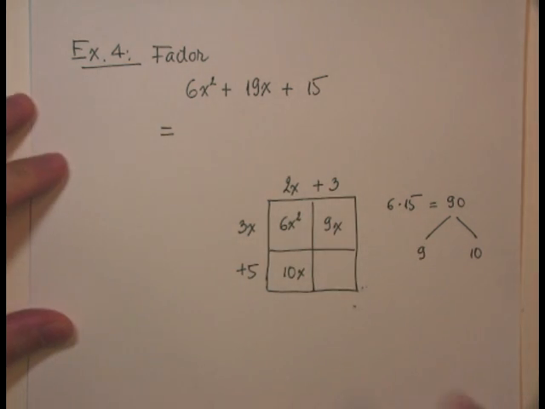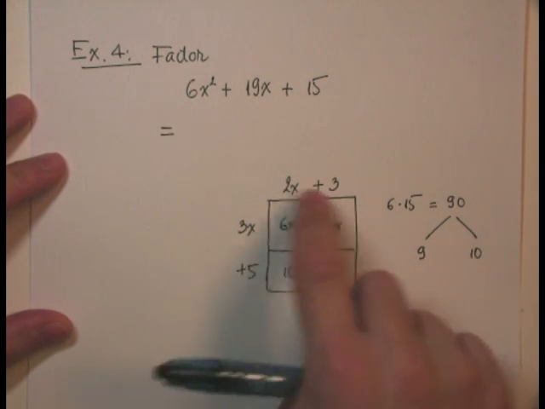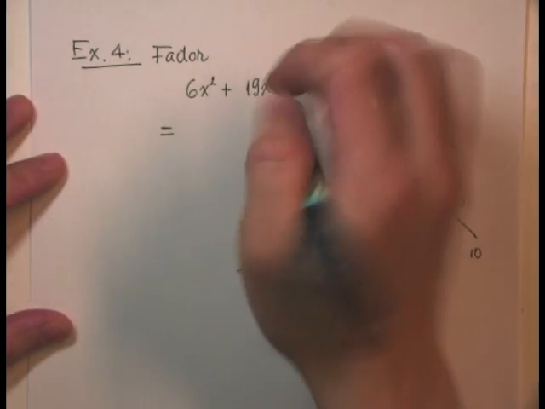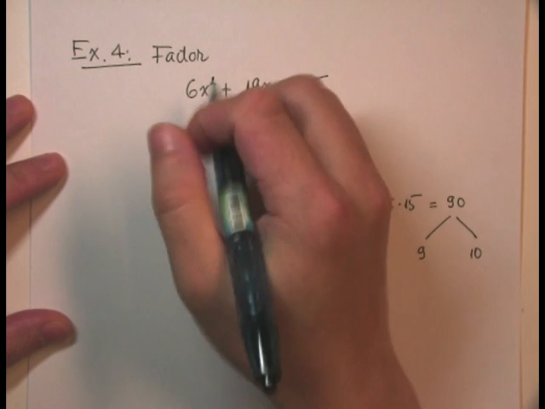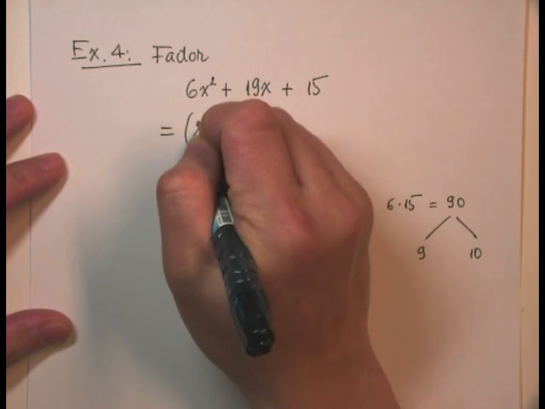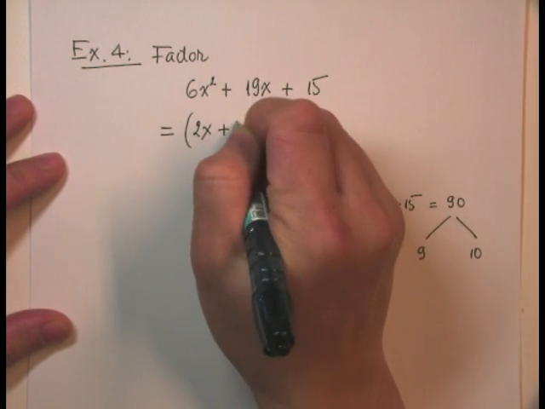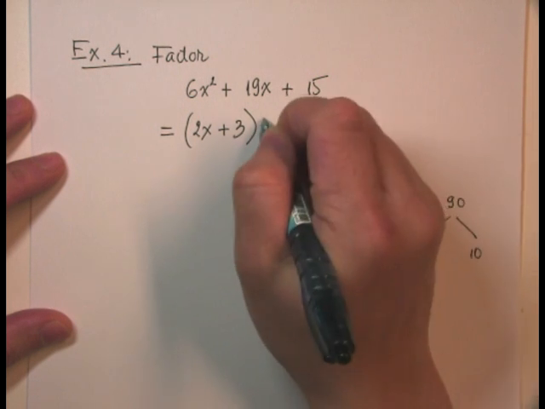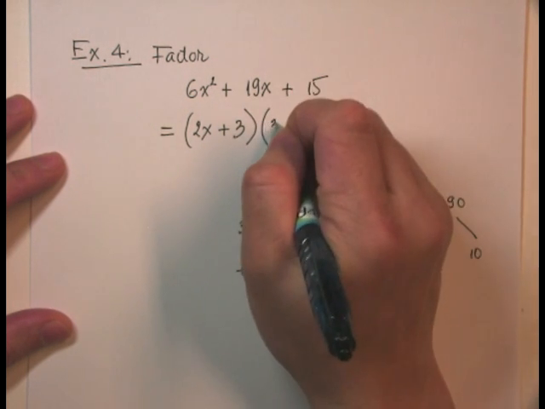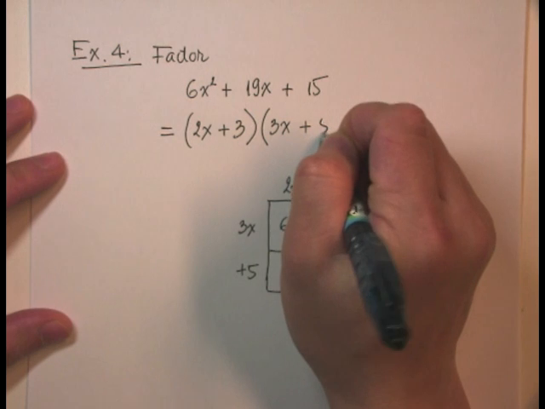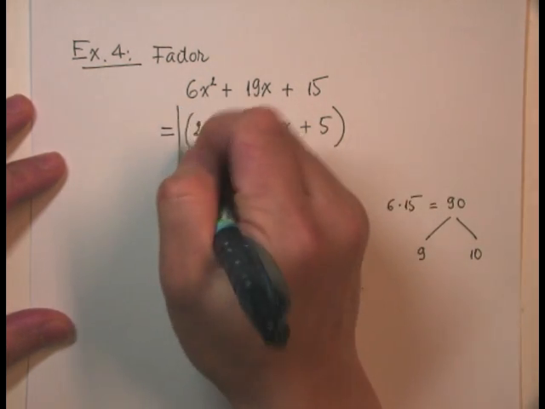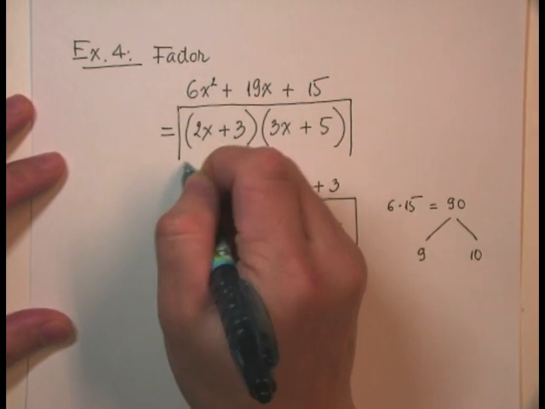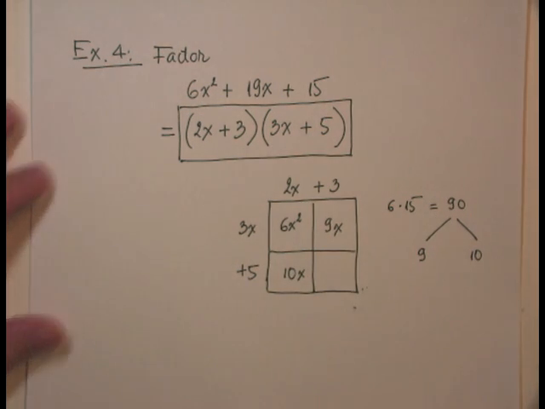And so now this is the answer to your factors. The quadratic can now be factored into 2x plus 3 in parentheses times 3x plus 5. And this is how you are done with your factoring problem for a quadratic with leading coefficient other than 1.